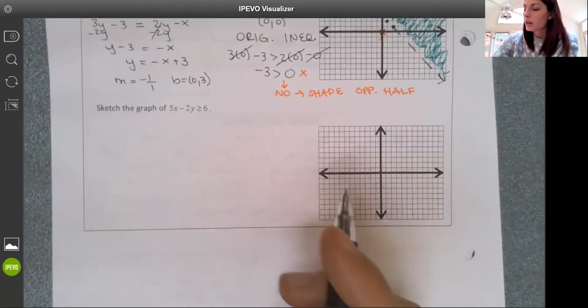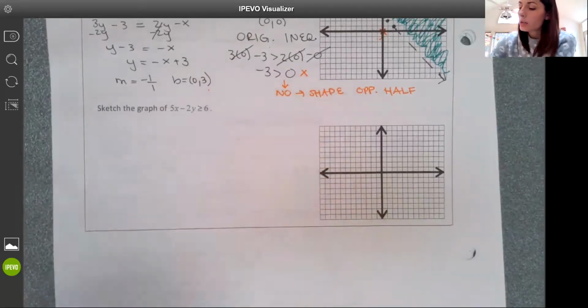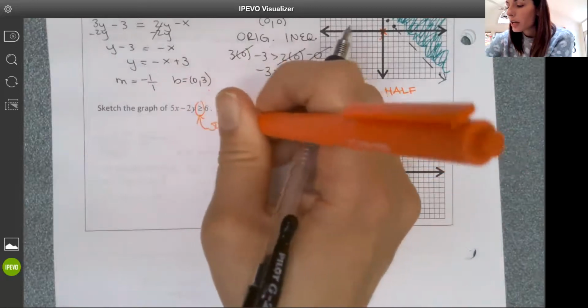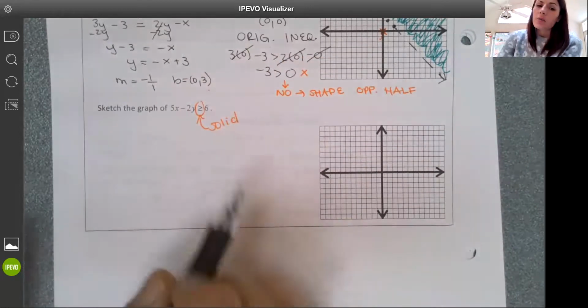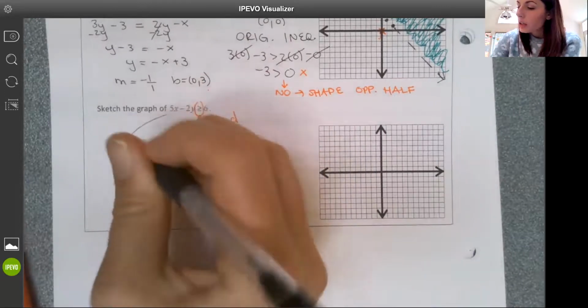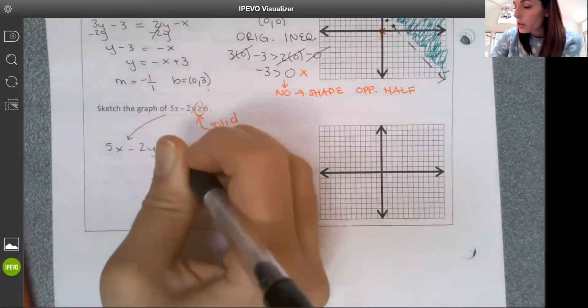So here we have 5x minus 2y is greater than or equal to 6. This time, looking at this inequality, I know I should have a solid line because it is greater than or equal to. I'm going to take my inequality and write it as an equation so I can get a boundary line.